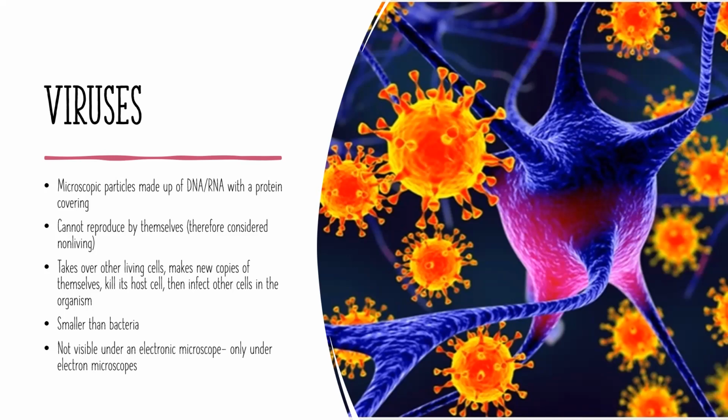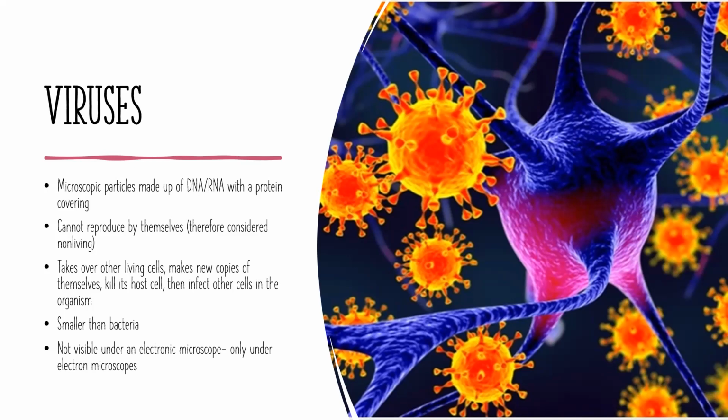So they are microscopic particles that carry diseases, and they are made up of RNA or DNA with a protein covering. So the structure of a virus is that they are made up of DNA or RNA, and they have a protein covering on them.